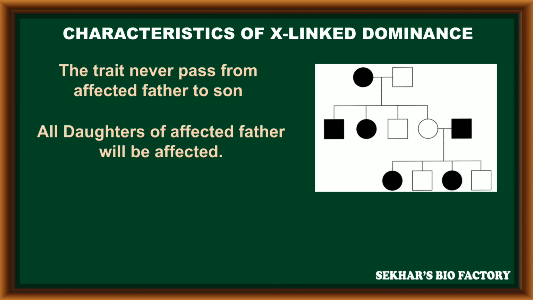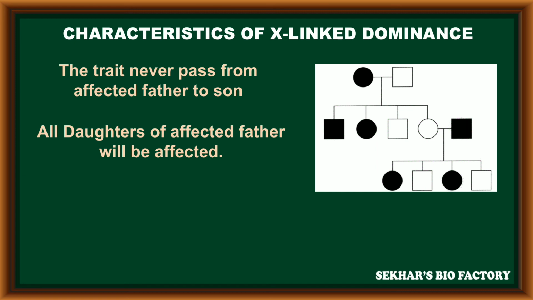So in this pedigree chart, when you take this one, there is no skipping of generation. Each and every generation is affected, and in this position all daughters are affected, so the father is also affected, and this affected father never transferred the disease to his son. So it confirms that it is X-linked dominant.